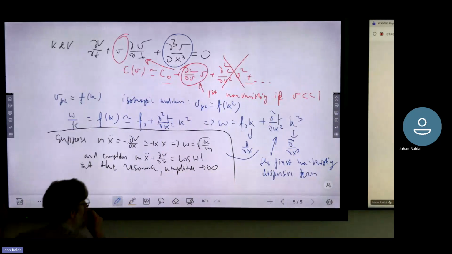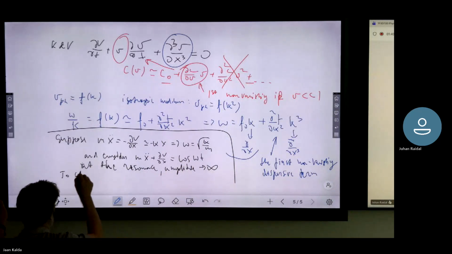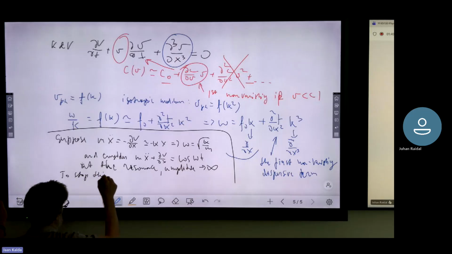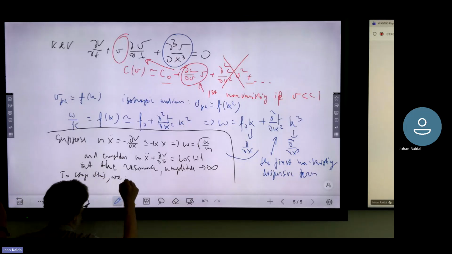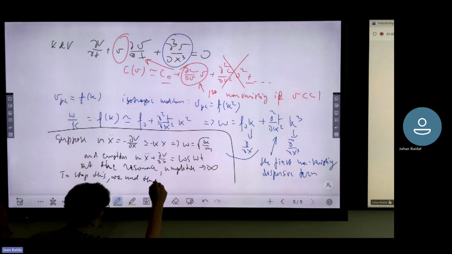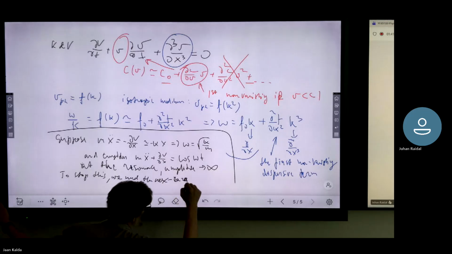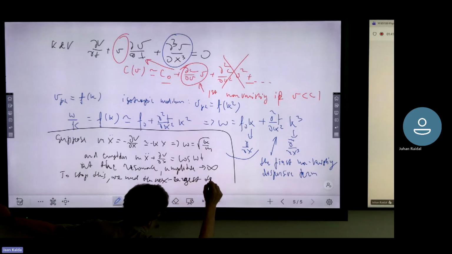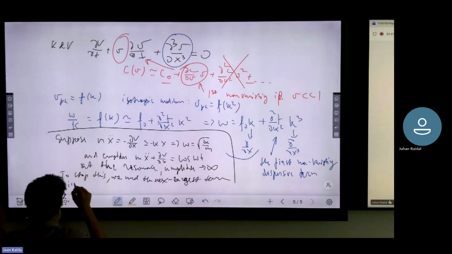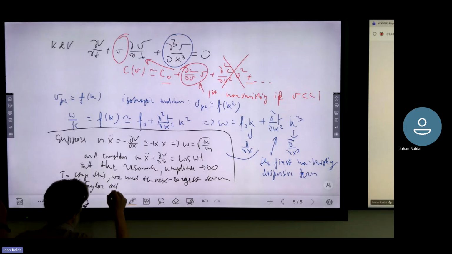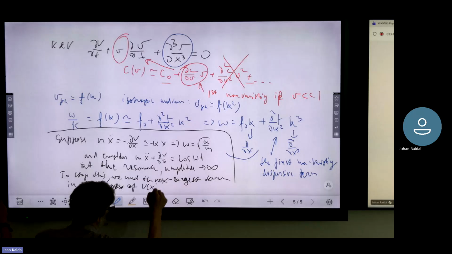So now, to stop this, we need the next largest term in the Taylor expansion of V of x, right?